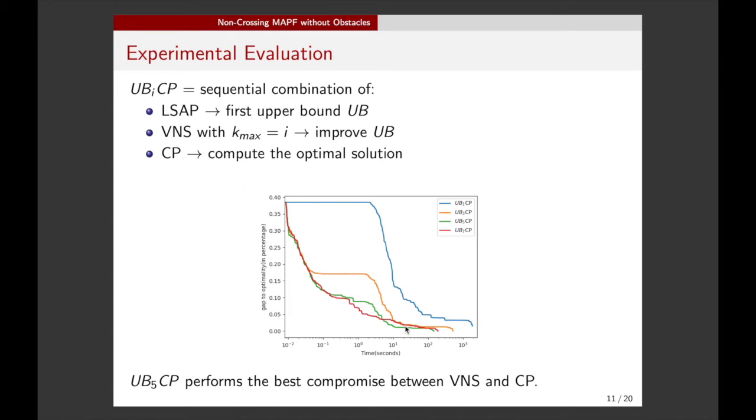So the important thing is to find a compromise between the time spent on VNS and the CP. From the result, we can see that the green curve, UBI-5-CP, performs the best compromise.